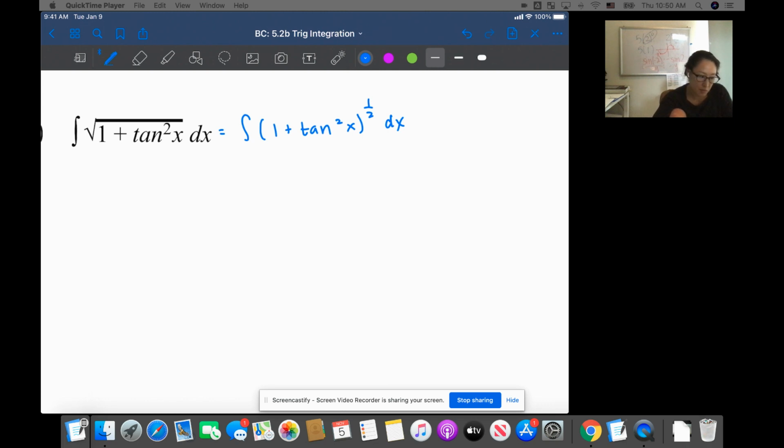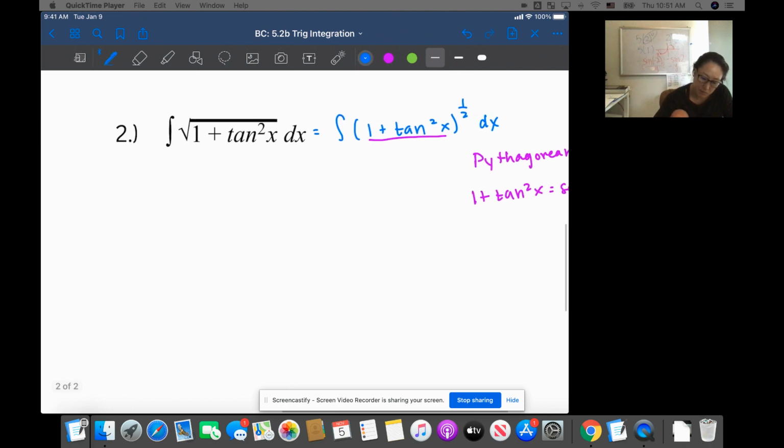I use substitution at some point, okay? But, oh, I see something even better. 1 plus tangent squared x is a Pythagorean identity. Remember, 1 plus tangent squared x is equal to secant squared x.